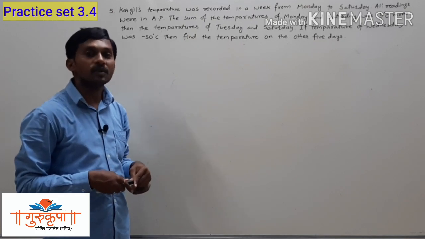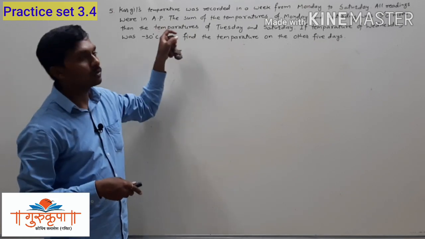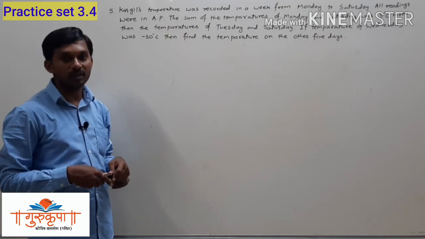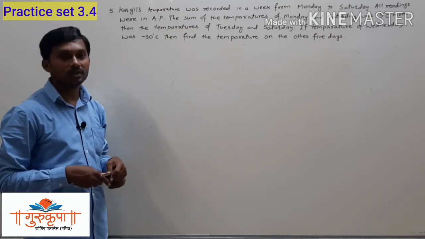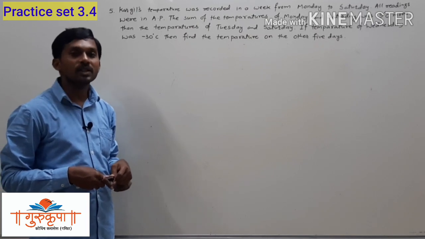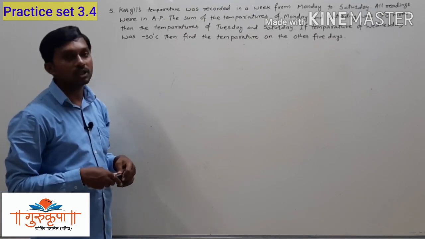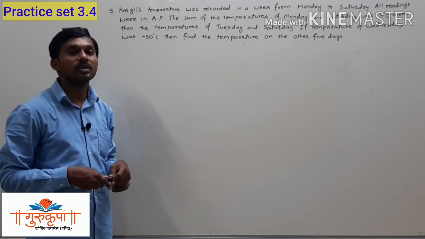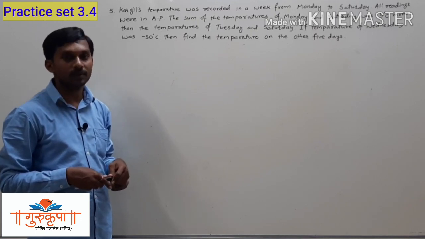Sometimes students get fumbled that here we have to use the particular terms in an AP. We studied that concept, particular terms in an AP, but there we have only 3, 4 and 5 terms. 6 terms are not there in particular terms in an AP.